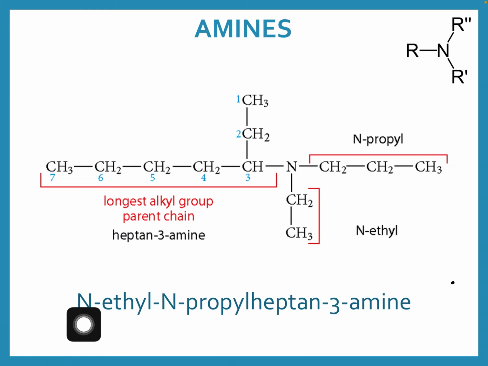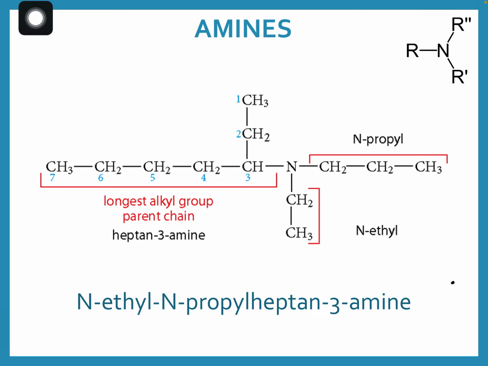So our prefixes, we have N-ethyl, N-propyl. So those are our side groups that are attached to the nitrogen. And then we have a heptane-3-amine. So we have 7 carbons. On the third carbon, we have our nitrogen. And then on that nitrogen, we also have an ethyl group and a propyl group.